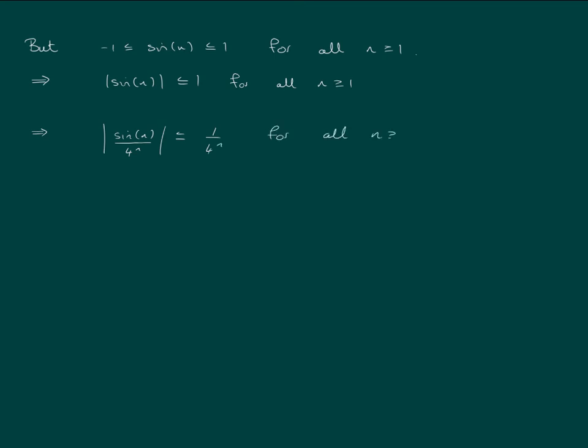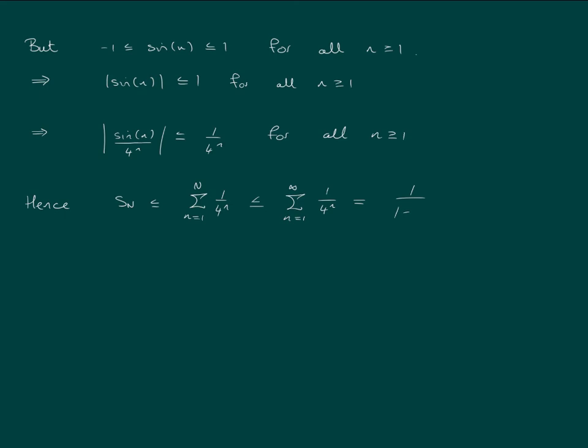Now, the term on the right-hand side is a much simpler looking term. So hence, we can bound Sn by summing the 1 over 4^n's, taking only the first n of them. That is less than or equal to the full infinite sum, because all of the 1 over 4^n's are positive. But this is just a geometric series.